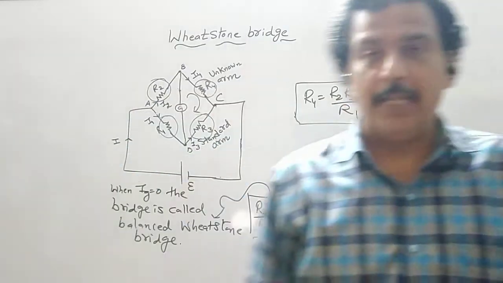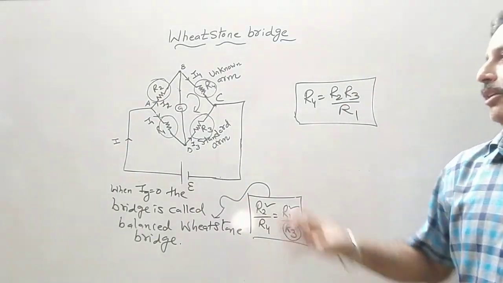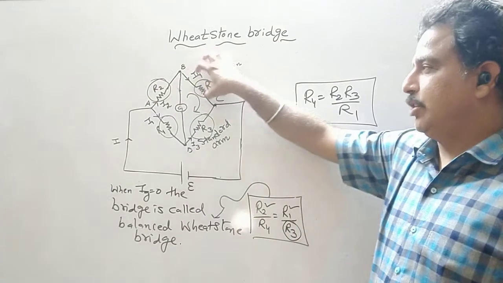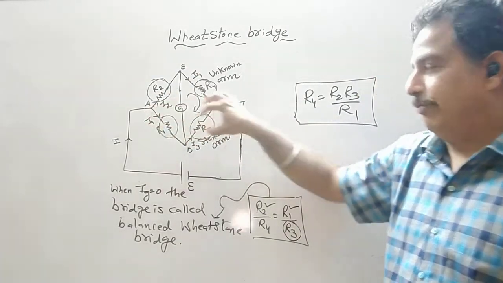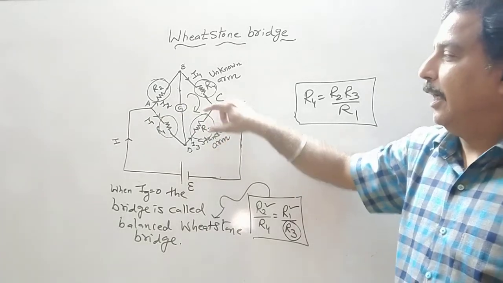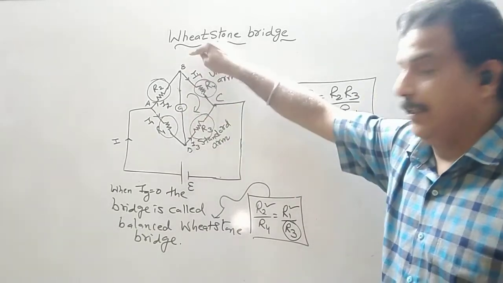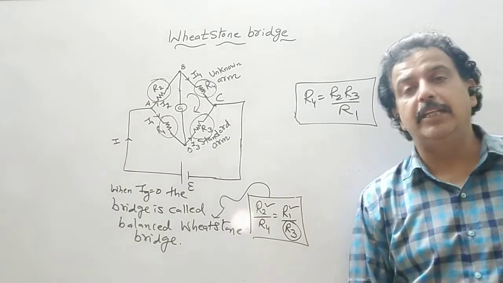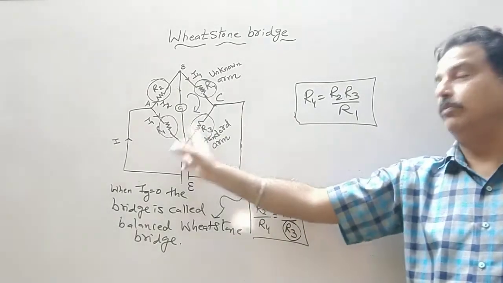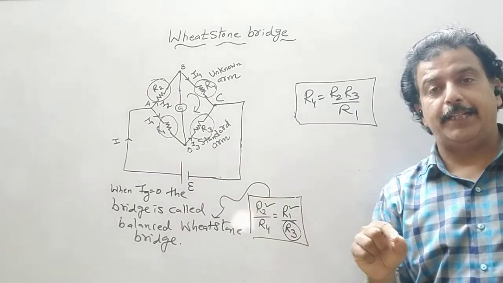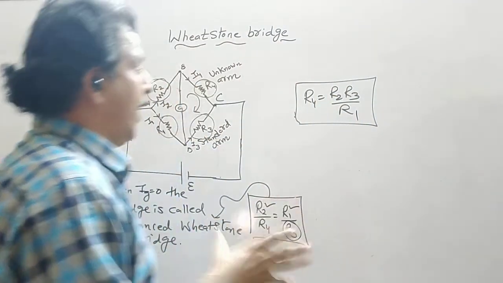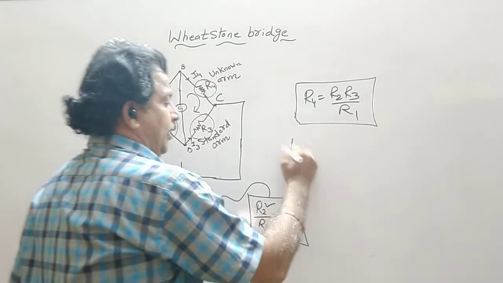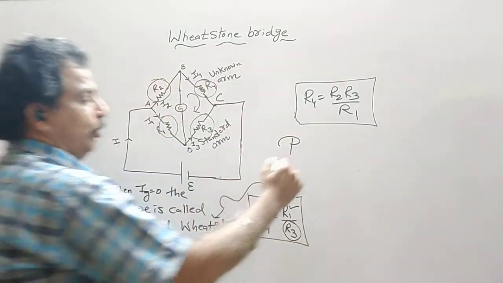So this is the balanced Wheatstone bridge where the ratio of these two resistances is equal to the ratio of these two resistances, and the arm BD becomes ineffective, provided the bridge is balanced. Now this is the theoretical portion only.